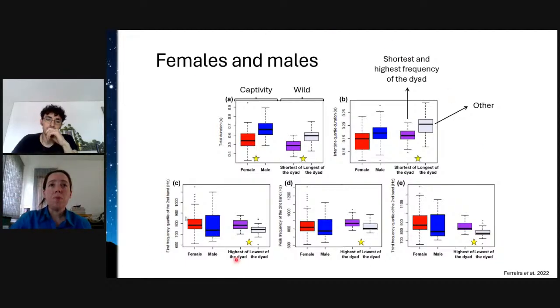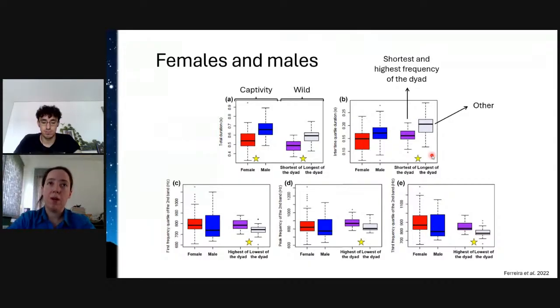So when we take everything together, we can conclude that at least most of the time, the two interacting maned wolves in the roar bark sequence are a male and a female.